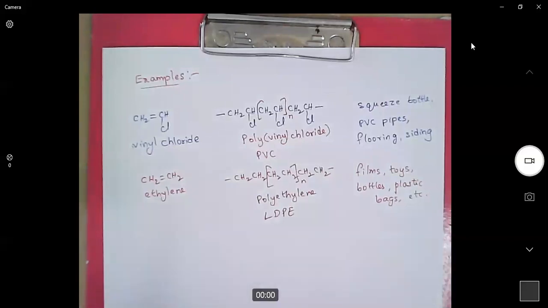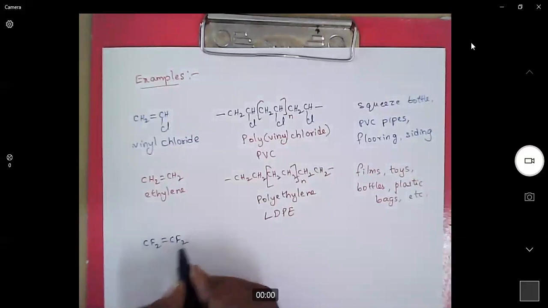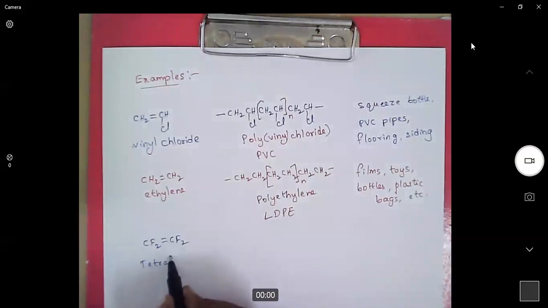The next example of a molecule which undergoes radical polymerization is tetrafluoroethylene. The hydrogens are replaced with fluorine. I'll give the headings.